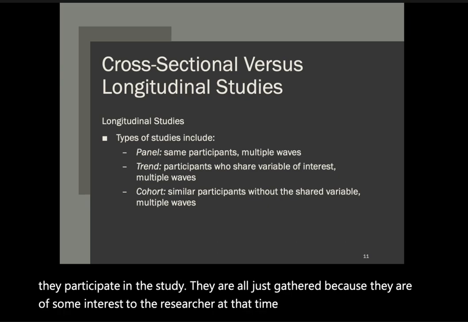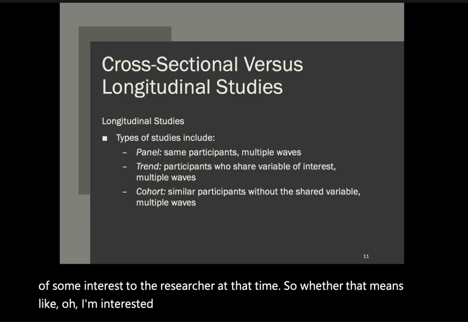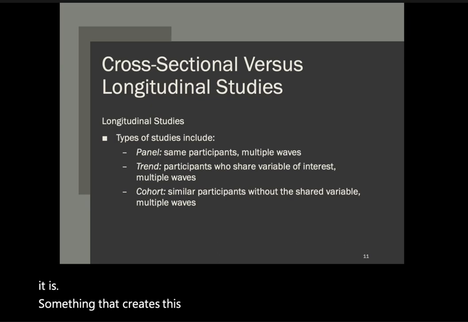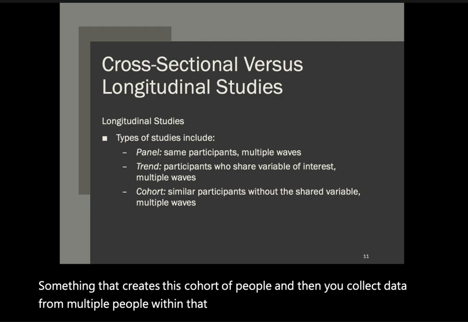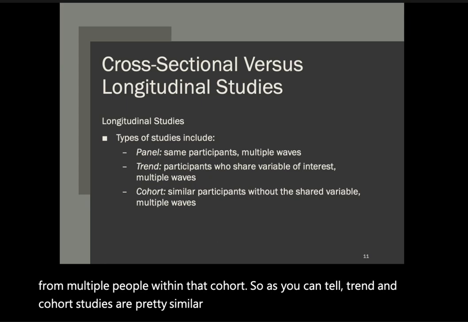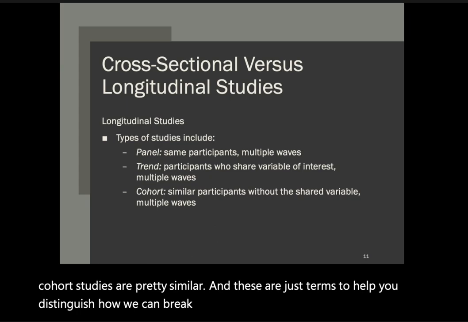Whether that means I'm interested in graduate students, or whatever it is, something creates this cohort of people, and then you collect data from multiple people within that cohort. As you can tell, trend and cohort studies are pretty similar, and these are just terms to help you distinguish how we can break down longitudinal studies.